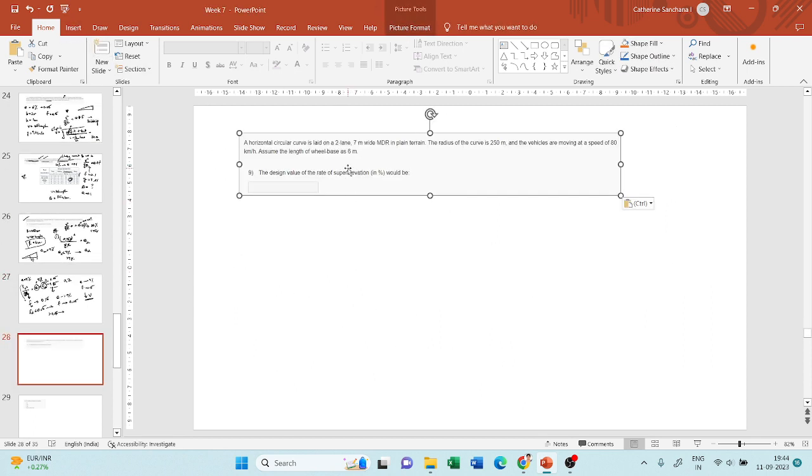So what is the design value of rate of super elevation? What is the first step that we saw? First step is regarding super elevation. What super elevation has to be provided?